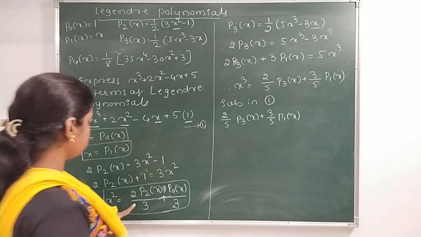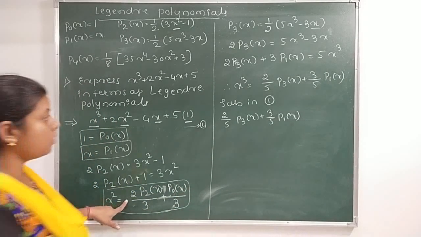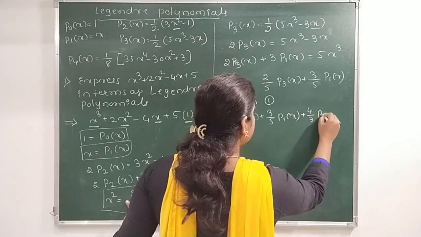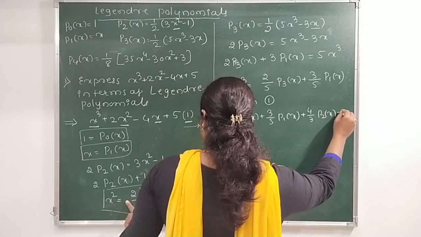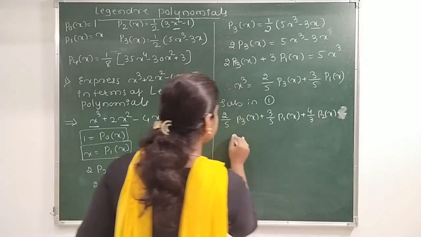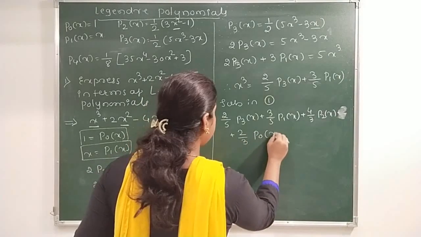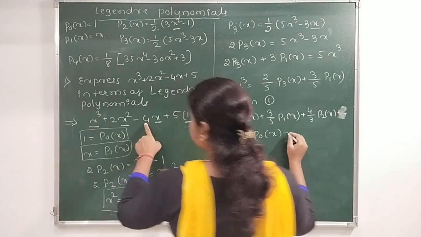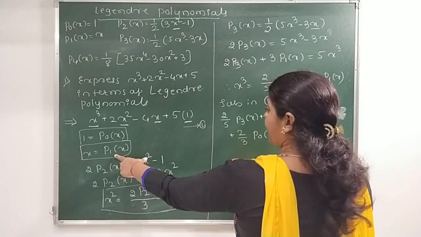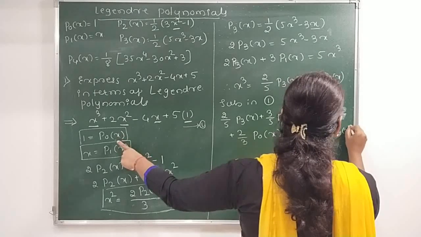Then 2x square: this 2 you have to multiply with the whole term, plus 4 by 3 P2 of x plus 2 by 3 P0 of x. Minus 4 is multiplied with P1 of x, minus 4 P1 of x, plus 5 P0 of x.